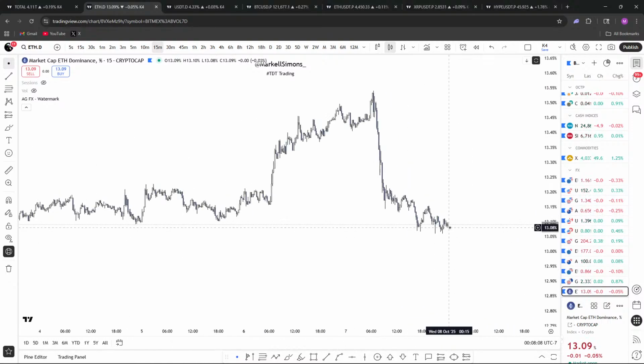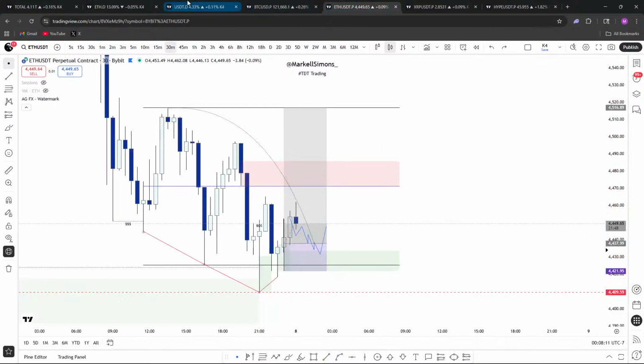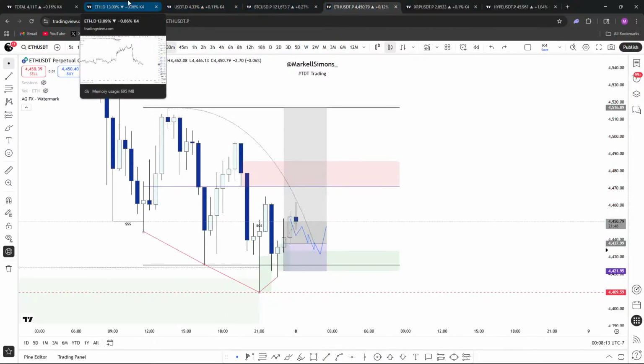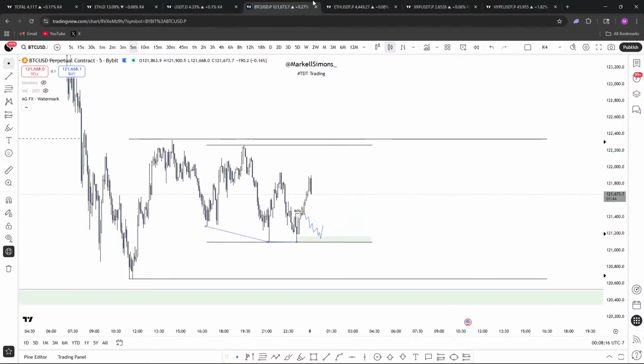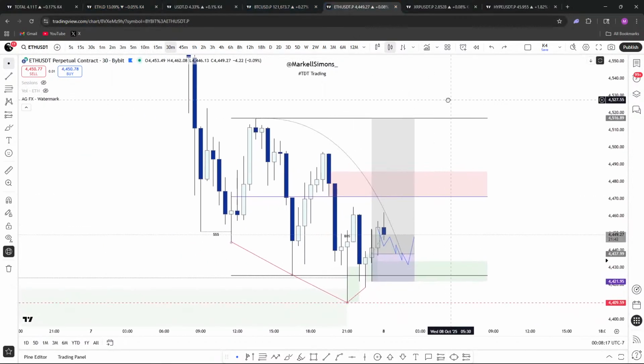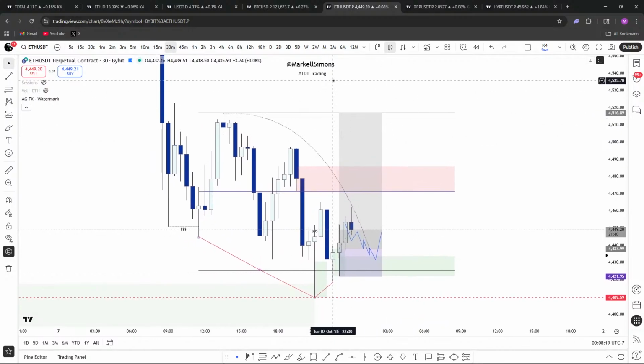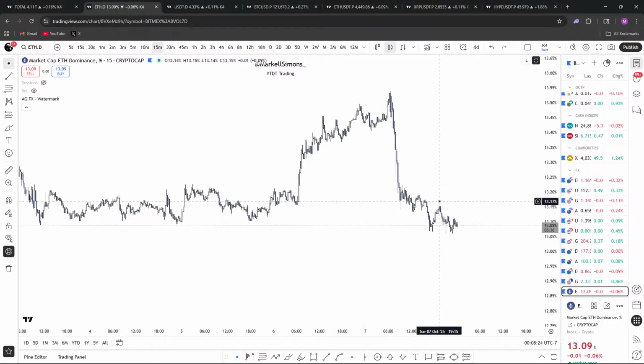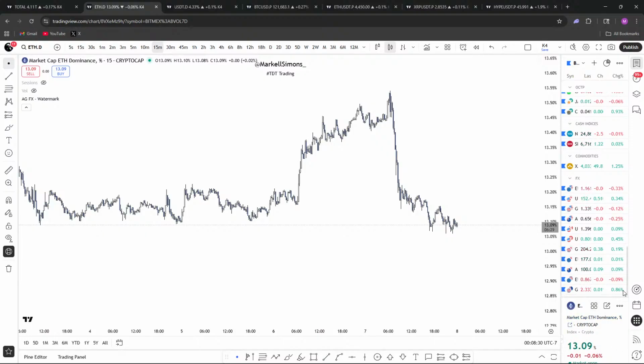If Ethereum dominance goes higher, does that mean Ethereum goes higher too? What's the correlation between them? I don't trade Ethereum dominance. Should I start adding this Ethereum BTC? Oh, okay.